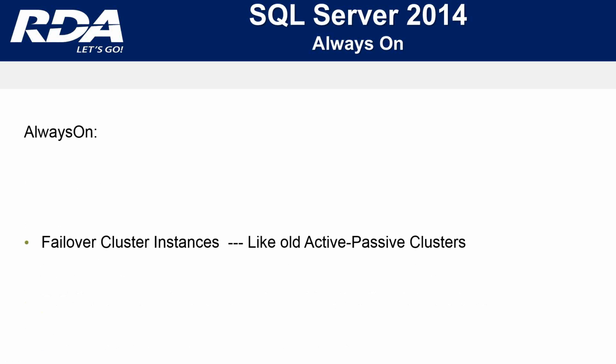The first, again, is failover cluster instances. Failover cluster instances protect you at the instance level, and it's kind of like the old active-passive clusters that have been around for quite a long time. You have shared storage, typically, and you have an active-passive node. The active is the one that you'll access most of the time.